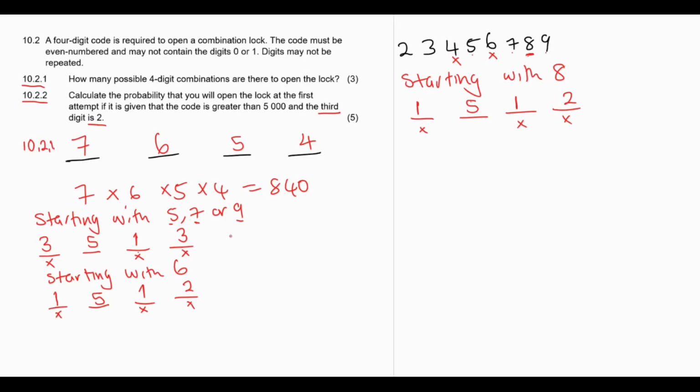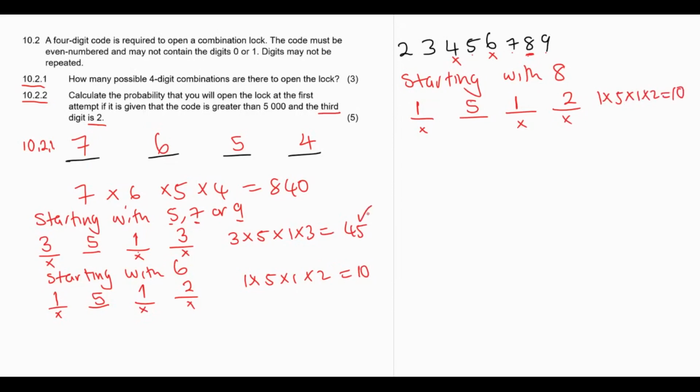So situation 1 is 3 times 5 times 1 times 3, which is equal to 45. And then we have 1 times 5 times 1 times 2, which is equal to 10. And then we have 1 times 5 times 1 times 2, which is equal to 10.